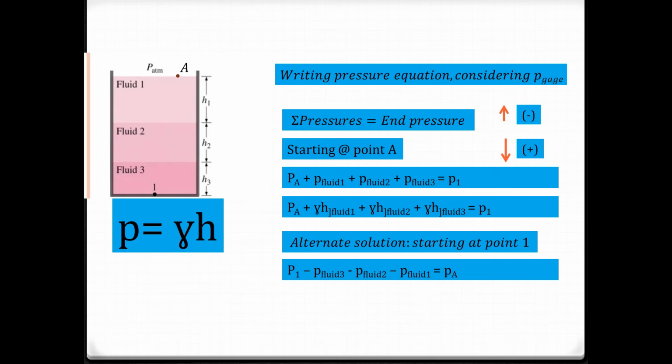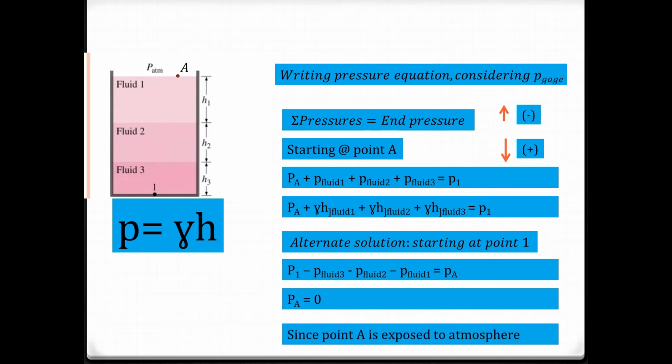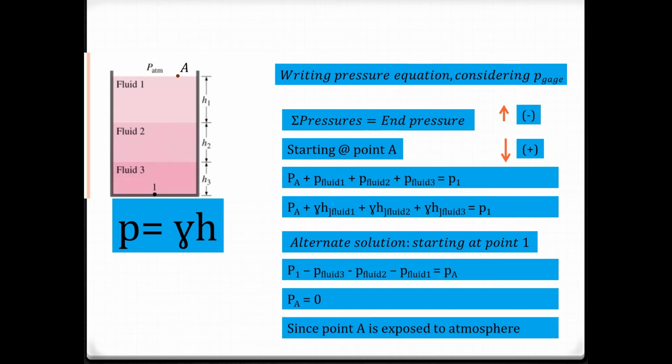And then we further go up to the level of fluid 2, subtract the pressure of fluid 2, and then finally subtract the pressure due to fluid 1 until we reach the end pressure, which is the pressure at A. It is to be noted that the pressure at A is exposed to the atmosphere. Hence, PA should be equal to 0.